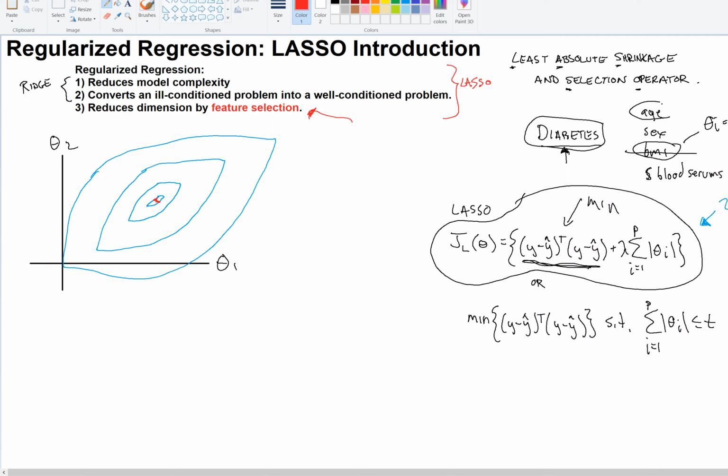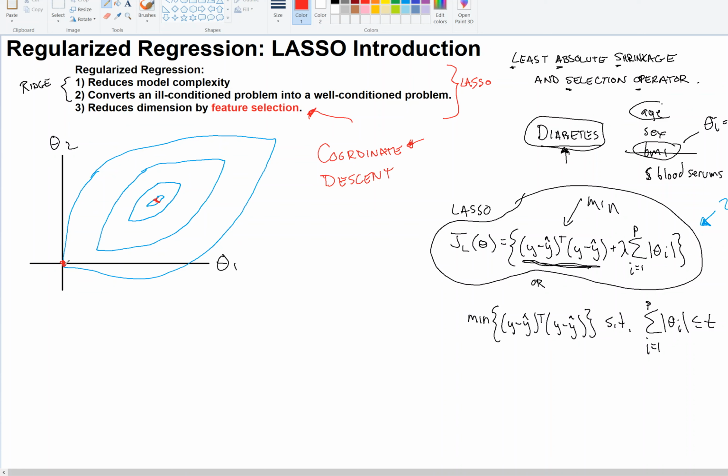So what we can do, though, and we'll work our way through this in later videos, is use an iterative algorithm called coordinate descent. I'll write that here. What this means is that we're going to consider each coordinate axis separately, and we're going to descend on the minimum.